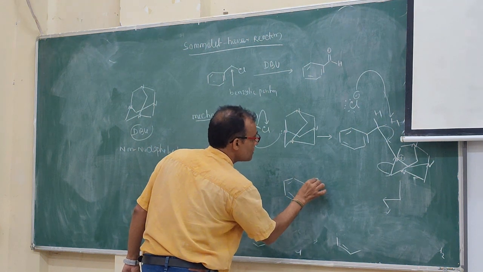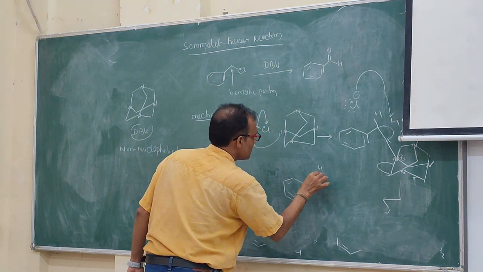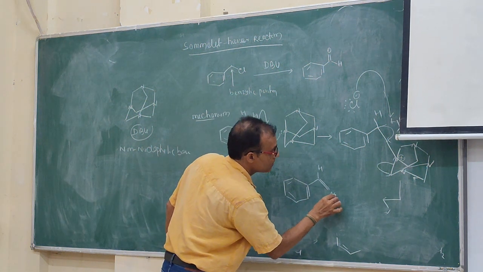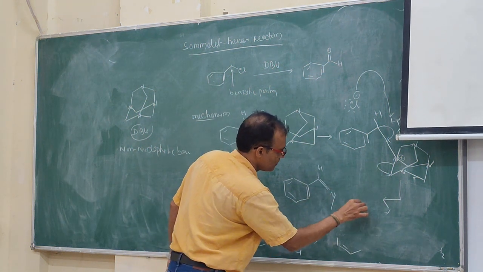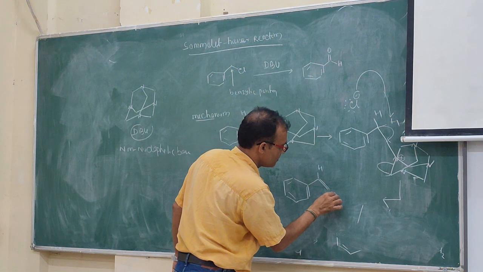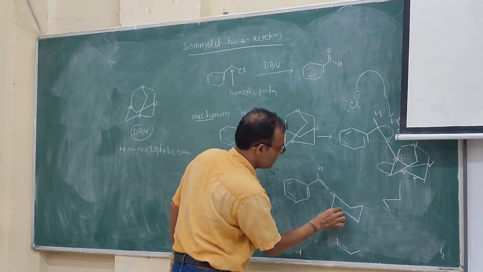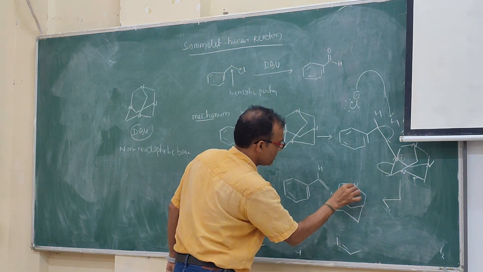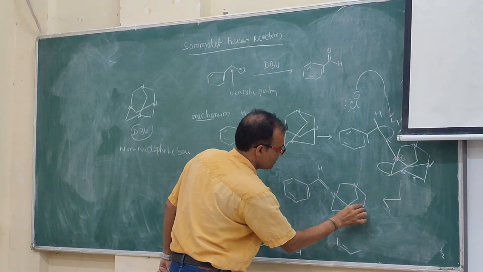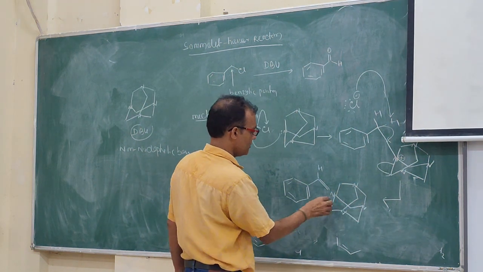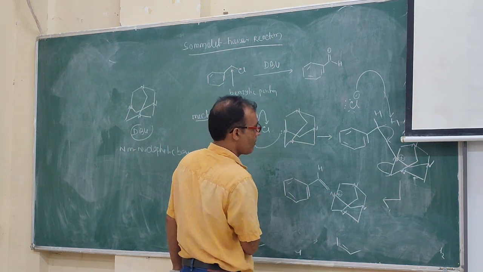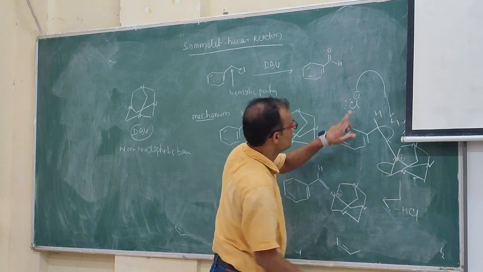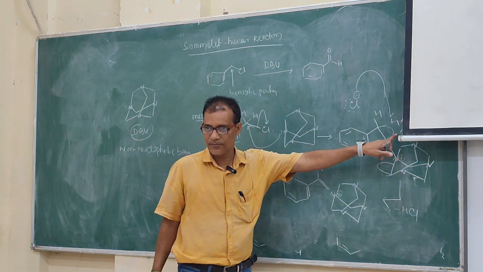Then finally, you have hydrogen here, we have a double bond. Now this nitrogen is here. There is a loss of HCl because this chlorine takes the hydrogen atom, and due to that this is minus.